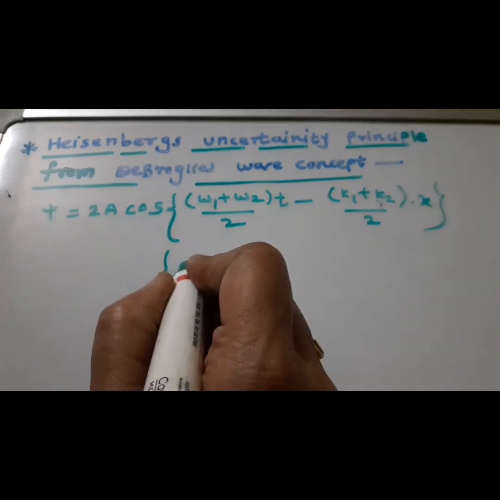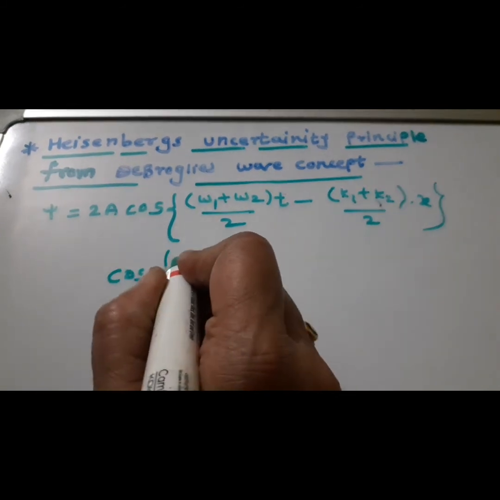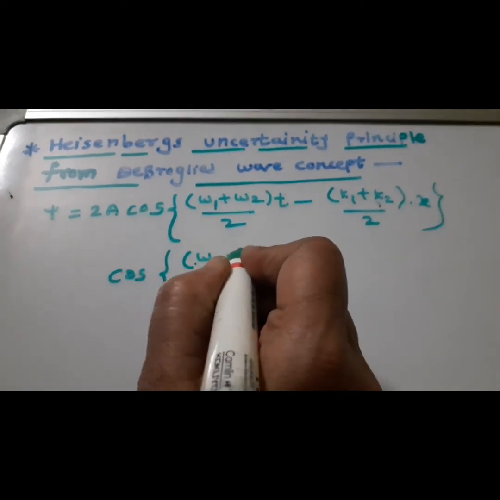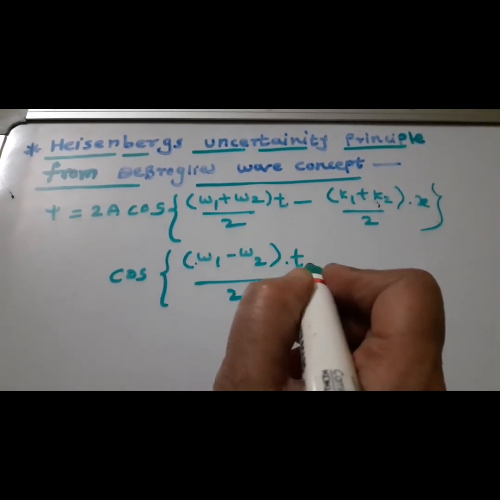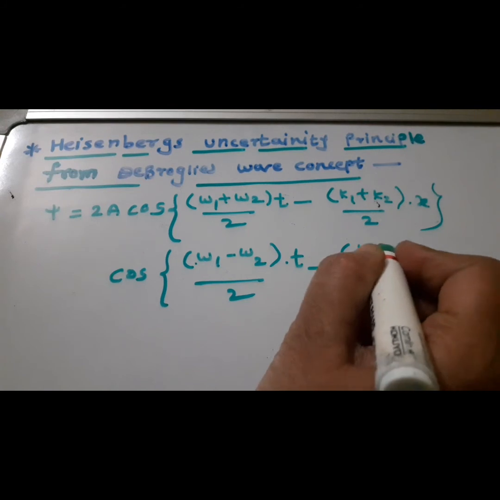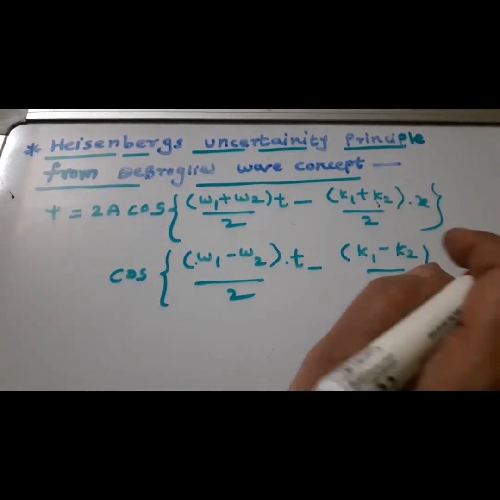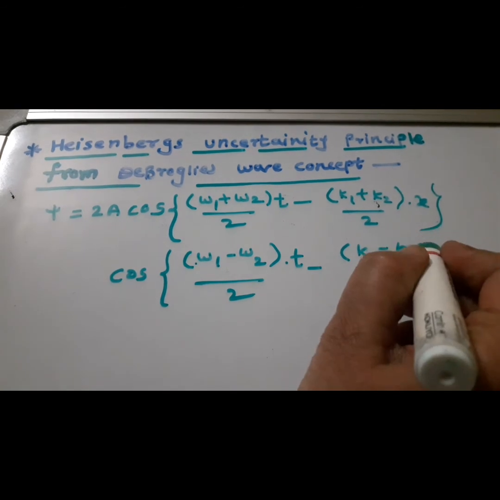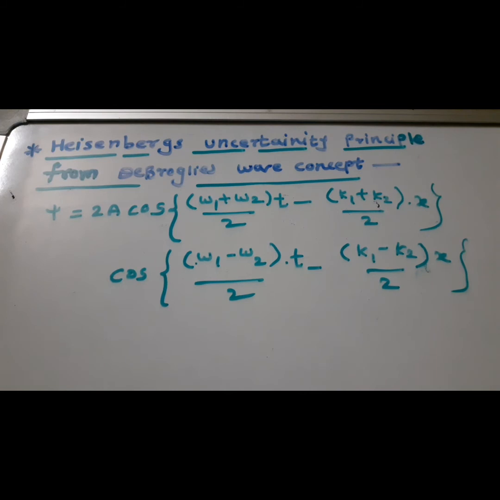Into cos of omega 1 minus omega 2 divided by 2 into t minus k1 minus k2 divided by 2 into x. This is the resultant amplitude.